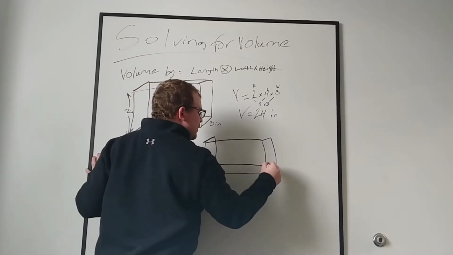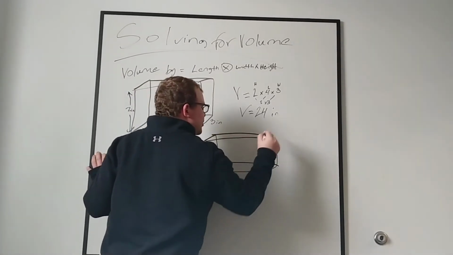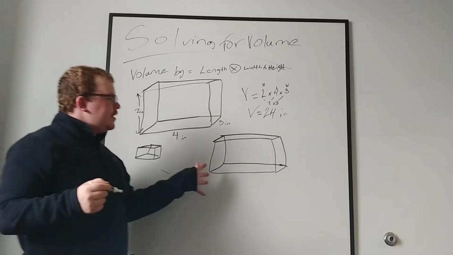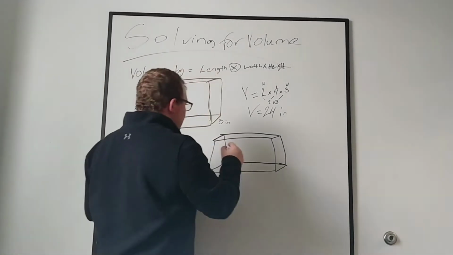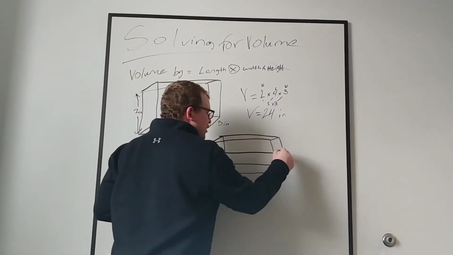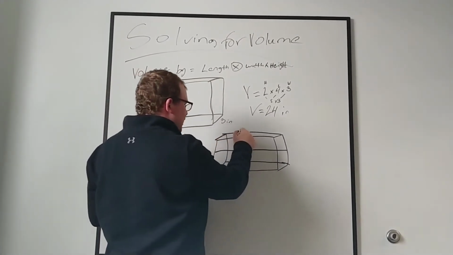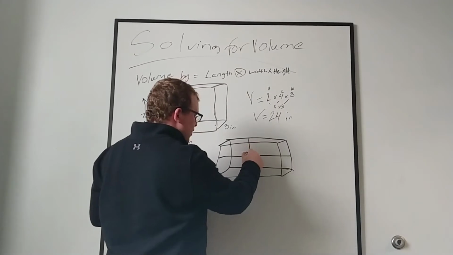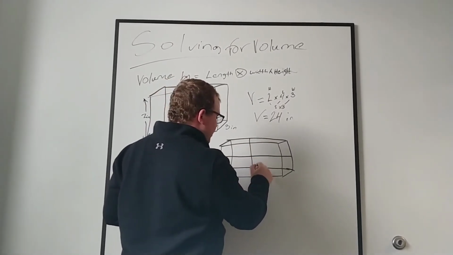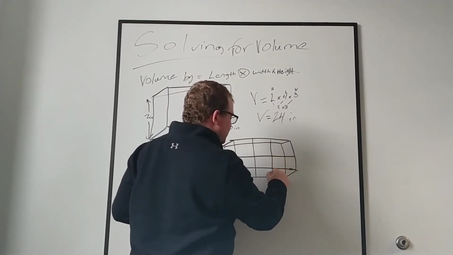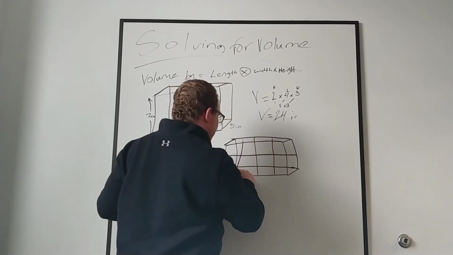Now the goal is we have to make sure that our rectangular prism is a given amount. We gotta show that we have this many blocks. So I'm gonna put another line right here, another line, another line.